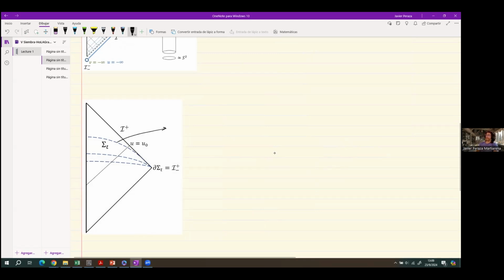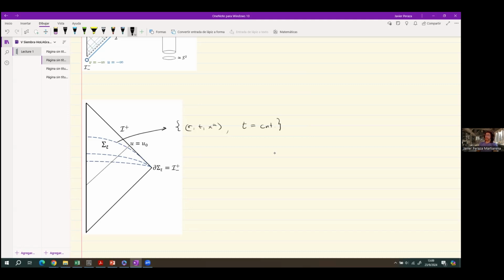This surface is, let's say, (r, t, x^A), with t equal constant.